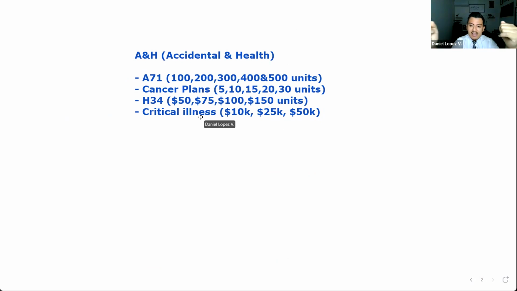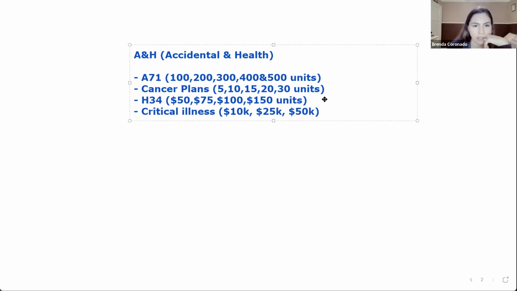Either 60 or 70 is where the cutoff line is. I have the ages on the cheat sheet. So 60 and younger for A34, A71 80 and younger, cancer 70 and younger, and critical illness, I don't have that age.